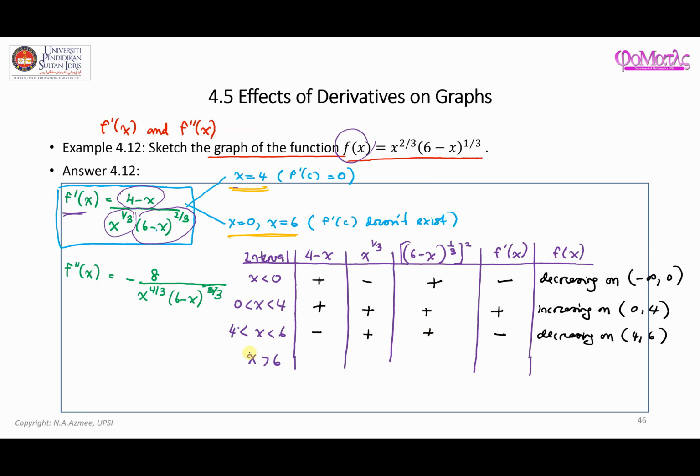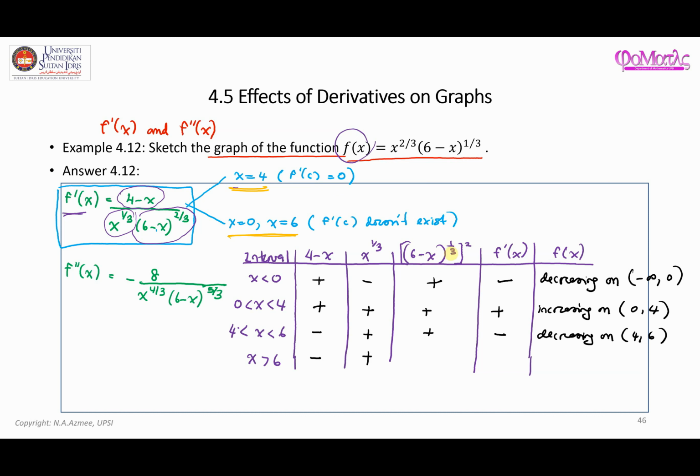Now finally, for x greater than 6, this is going to be negative. Now x is a positive value, so this is going to be positive. Now 6 minus a number, x is now greater than 6. 6 minus a number that is greater than that is going to be negative.